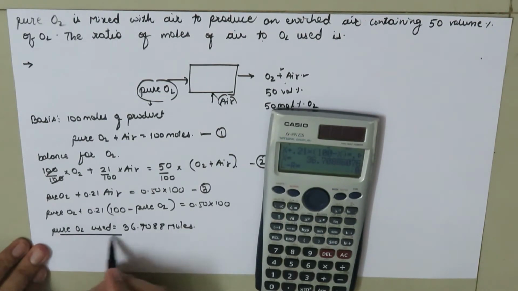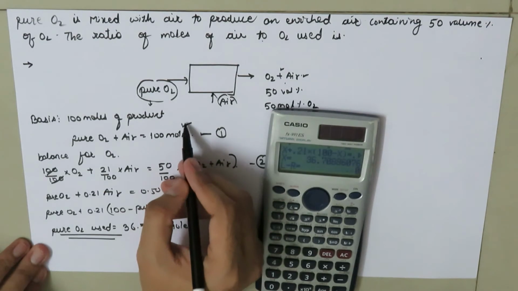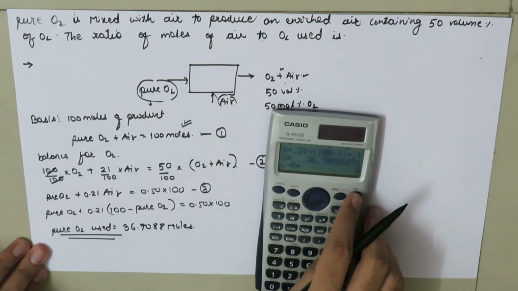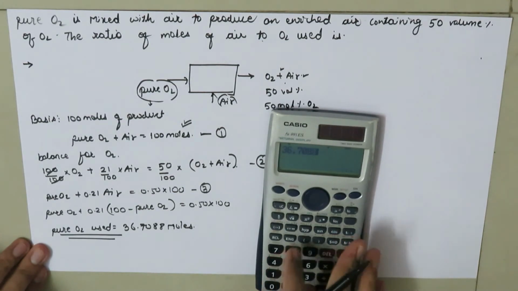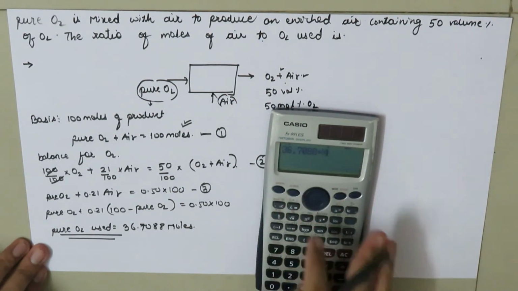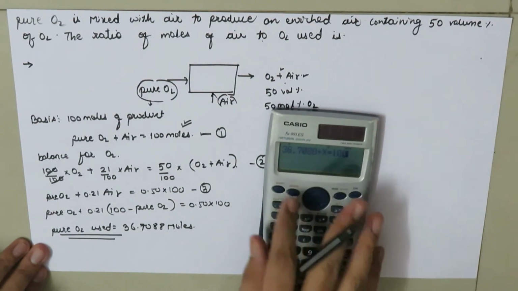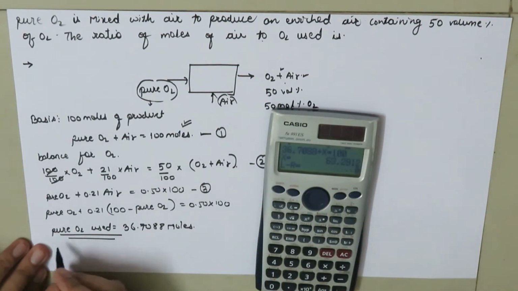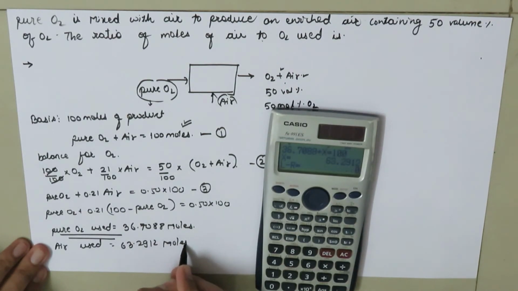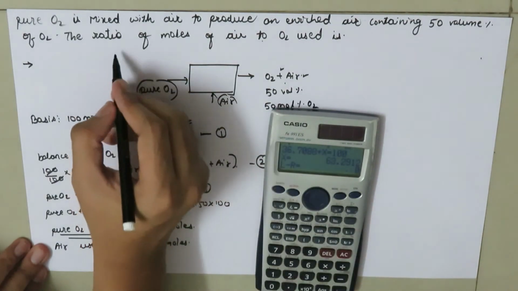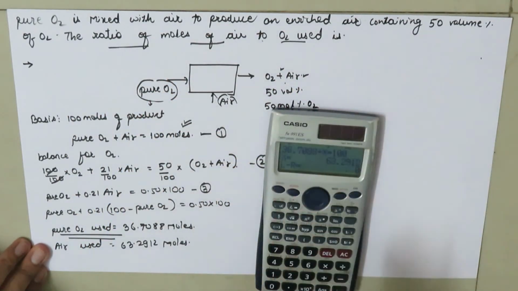If you put this value in this equation, we will get the moles of air used. So 36.7088 plus x is equal to 100 moles. So air used is equal to 63.2912 moles, but we need to calculate the ratio of moles of air to moles of oxygen.